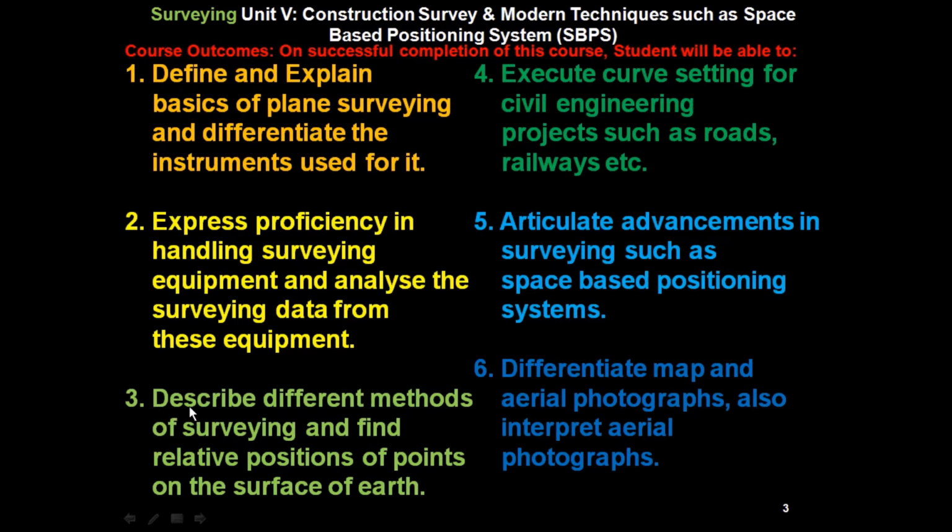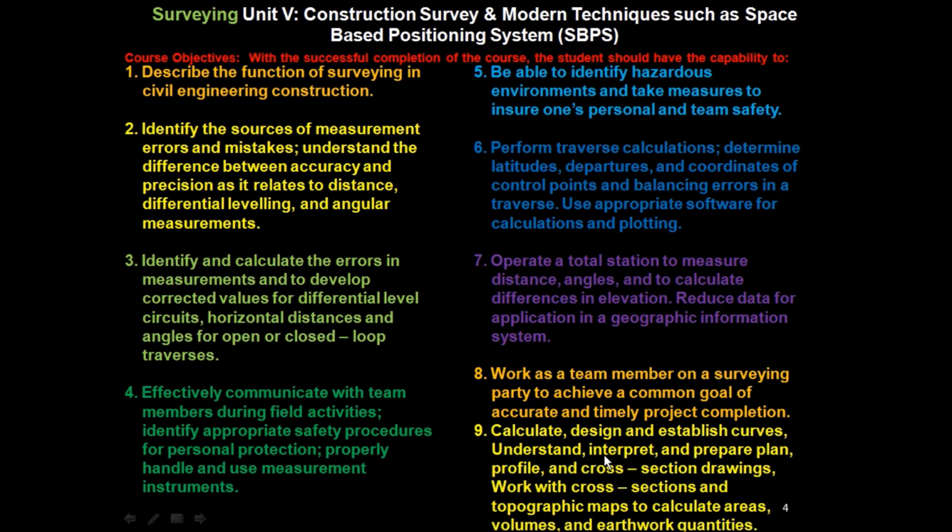Third course outcome is describe different methods of surveying and find relative positions of points on the surface of the earth. Fourth course outcome is execute curve setting for civil engineering projects such as roads, railways, etc. Fifth course outcome is articulate advancements in surveying such as space-based positioning systems. Sixth course outcome is differentiate map and aerial photographs, and also interpret aerial photographs.